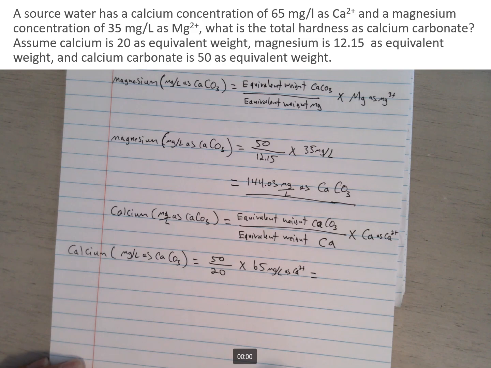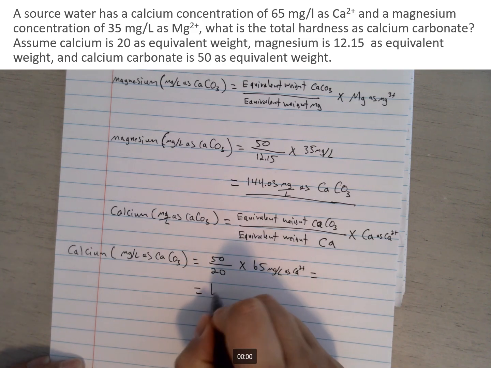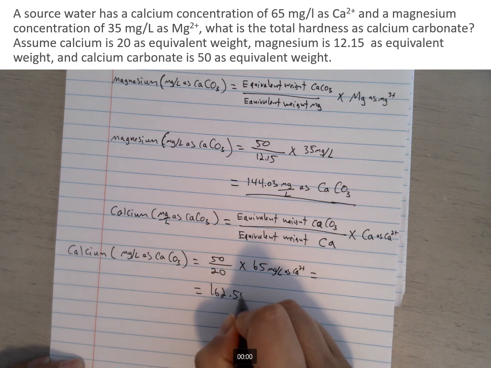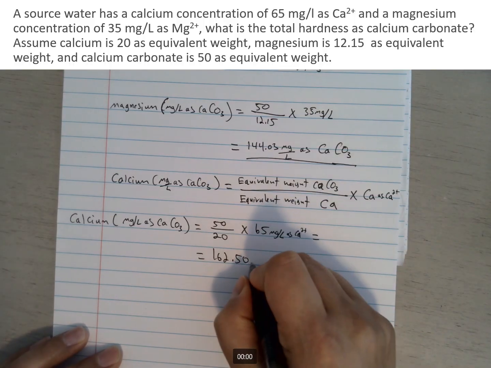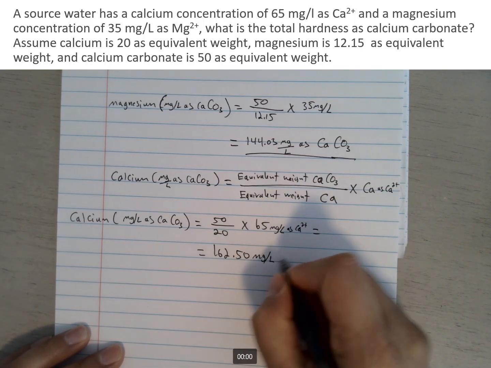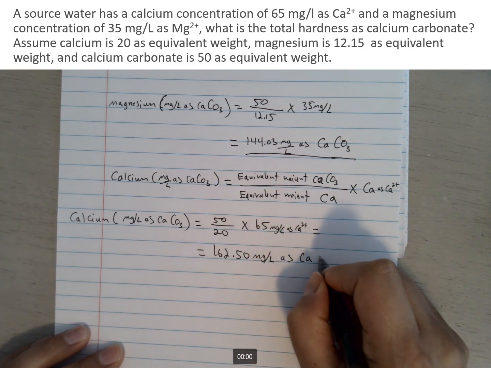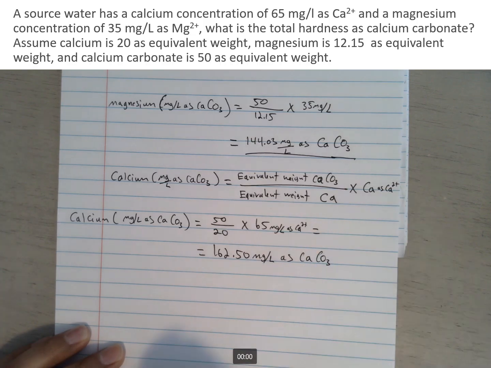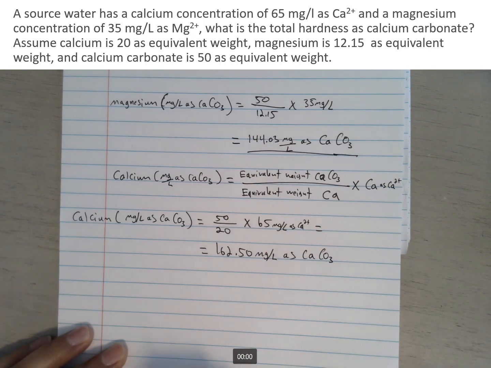That gives us 162.50 milligrams per liter as calcium carbonate. That's our concentration of calcium.